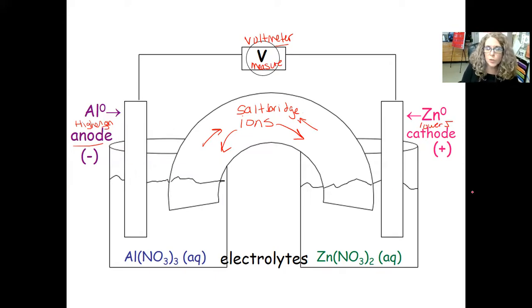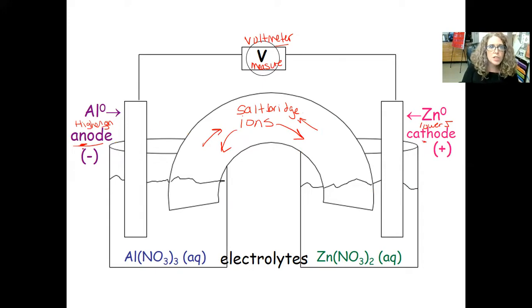So then these are my two electrodes. I have determined that since the aluminum is higher on table J, I assign that the anode. Our anode is negative. And now zinc is our lower metal. Our cathode is positive because cations are positive. And that little T in cathode looks like a plus, and N for negative, I guess that's the best way I can say.